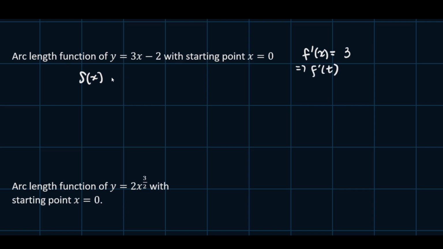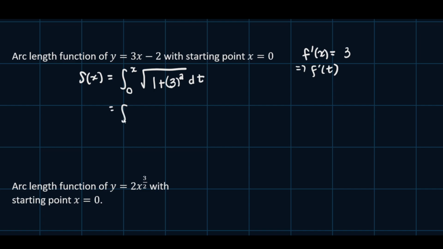Okay? So s of x here will be equal to the definite integral from the starting point 0 to any point x on the curve, square root of 1 plus 3 squared dt.